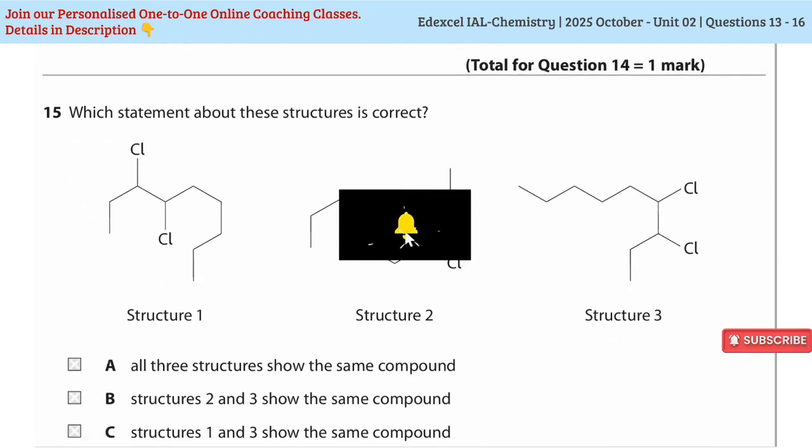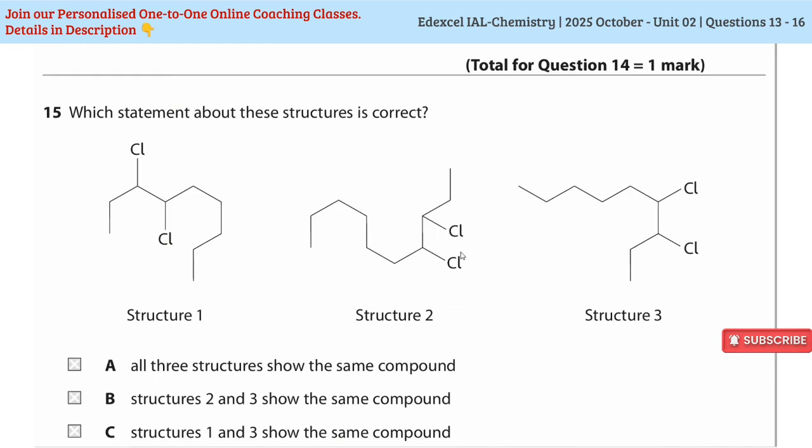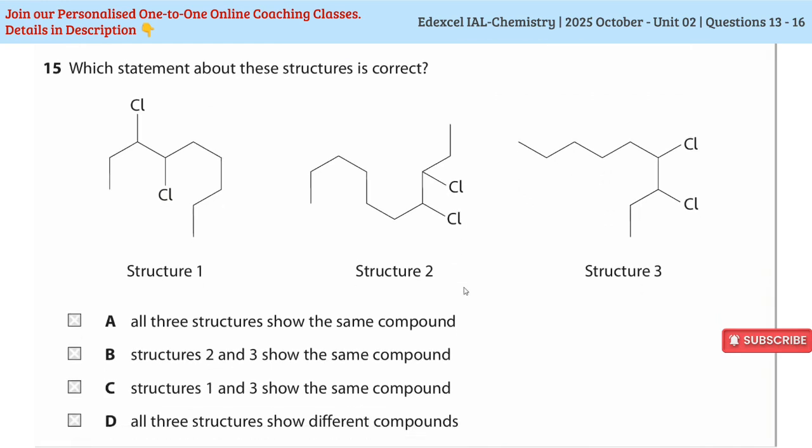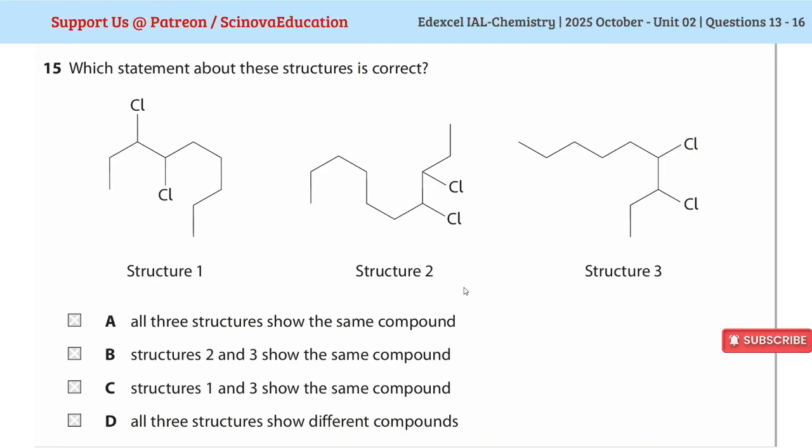Which statement about these structures is correct? All structures show the same compound. Let's see. Basically, these are all dichloroalkanes. Let's see whether there is a difference in the number of carbons. Here, 1, 2, 3, 4, 5, 6, 7, 8, 9.